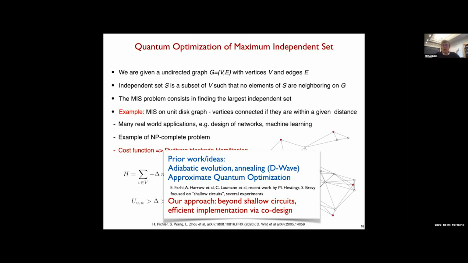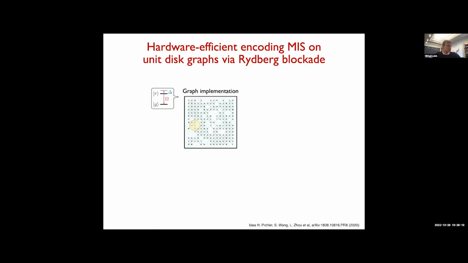And the answer to that in our case is basically to use co-design. So essentially, what happens here is that we can encode MIS on unit disk using this Rydberg blockade idea in a super hardware efficient fashion.